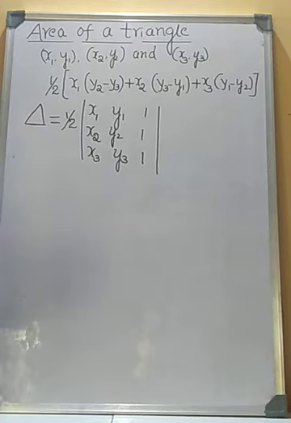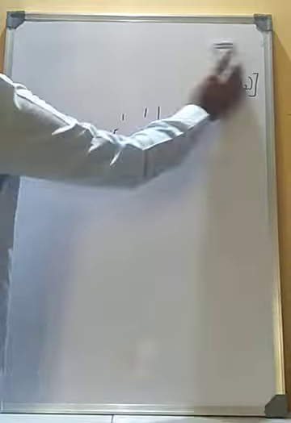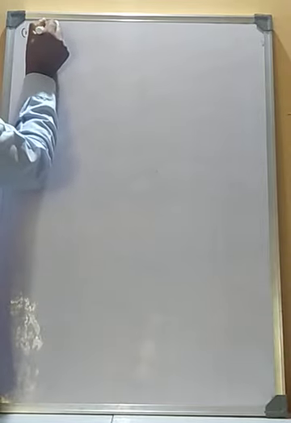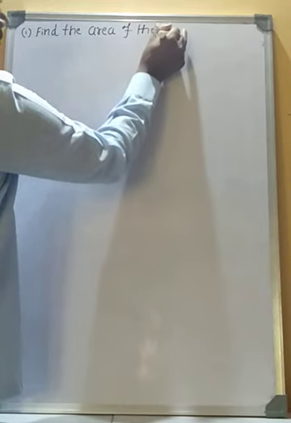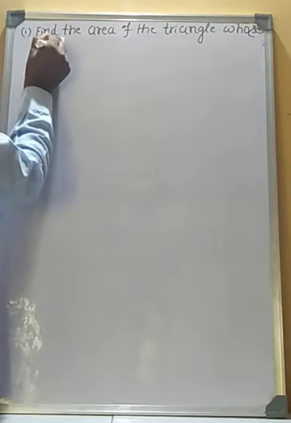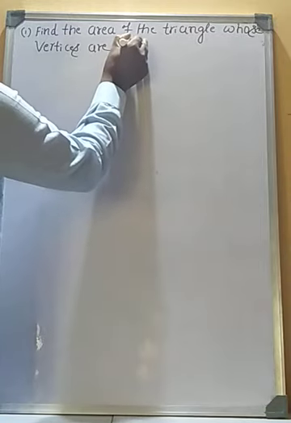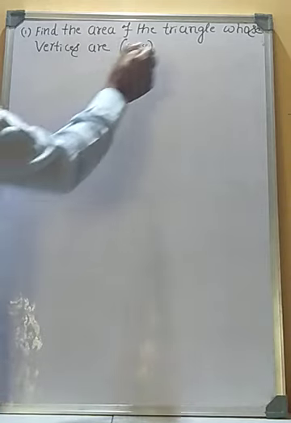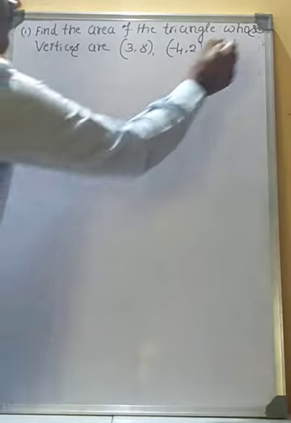Now example 1: find the area of the triangle whose vertices are 3, 8, minus 4, 2 and 5, 1.